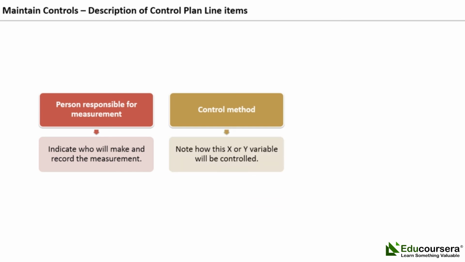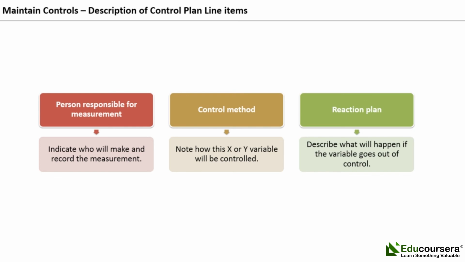Note how this X or Y variable will be controlled. Examples include control charts, checklists, visual inspections, automated measurements, etc. Reaction plan. Describe what will happen if the variable goes out of control. How should the responsible person respond to the situation?